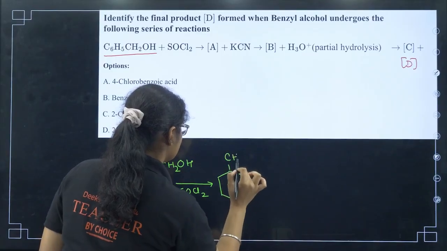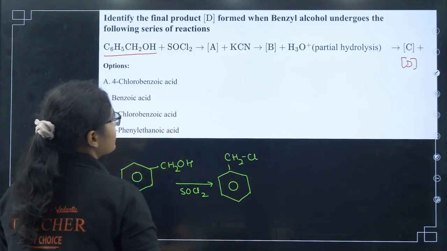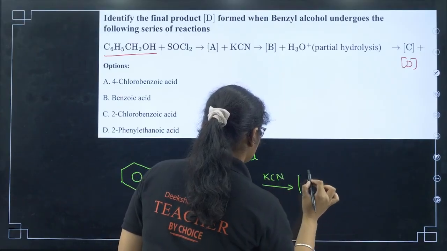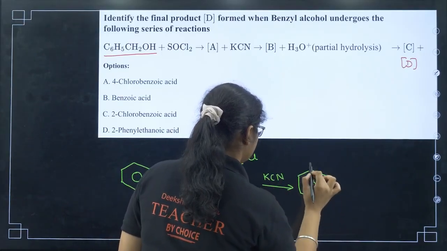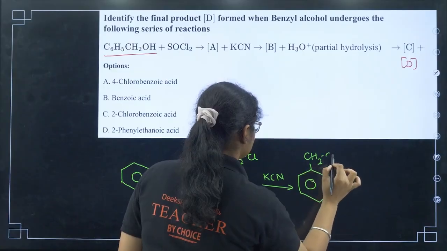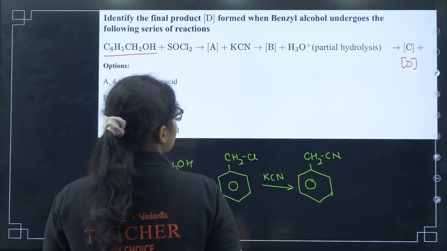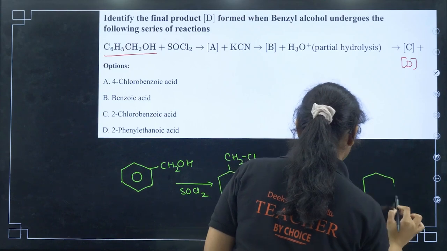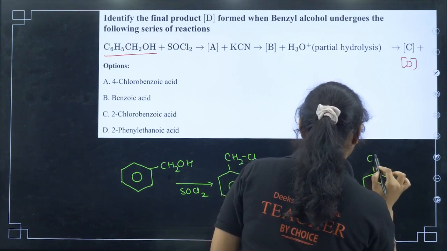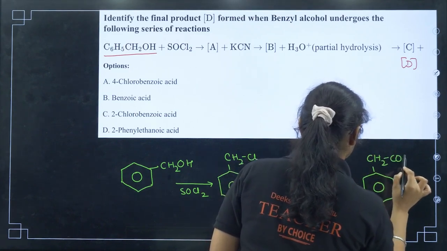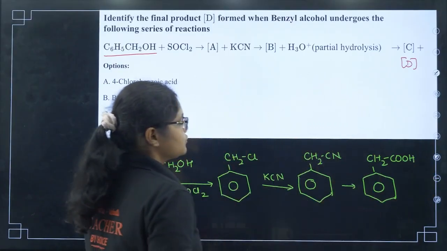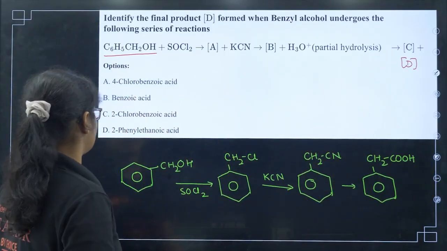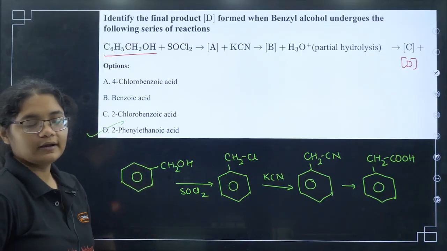C6H5CH2Cl. Then with KCN, what I will get here? C6H5CH2CN. Then with hydrolysis, what I will get? This one, 2-phenyl ethanoic acid, that is option number D here.